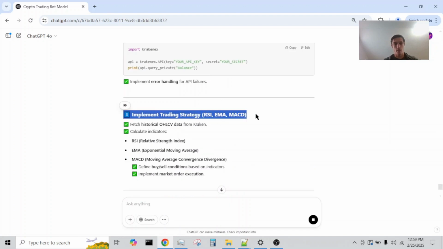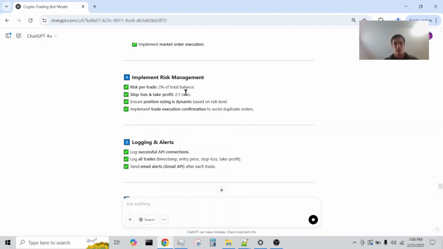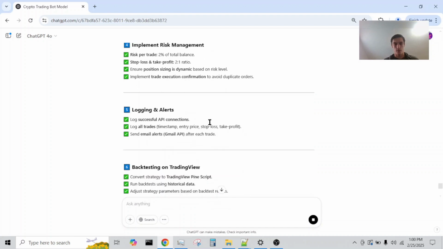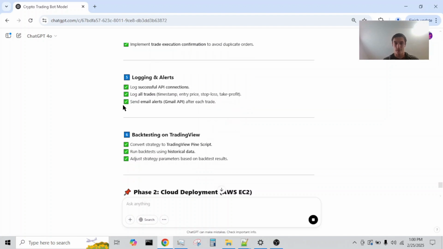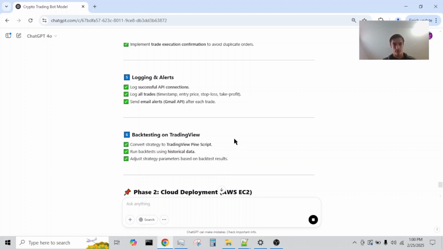Implement our trading strategy. This will definitely change over time. Implement risk management. That will kind of go into our trading strategy as well. Some of these are going to be in the same video and some are not. Like our back testing, that's a whole video in itself.